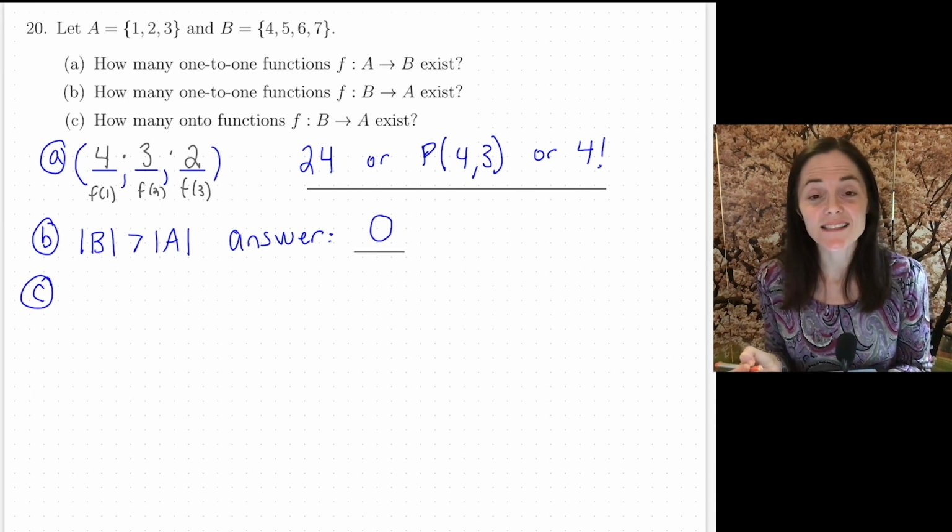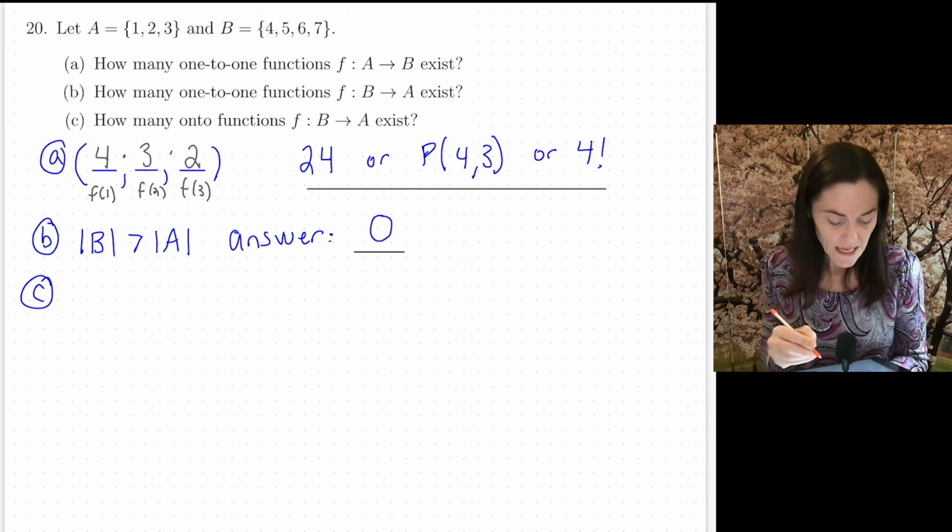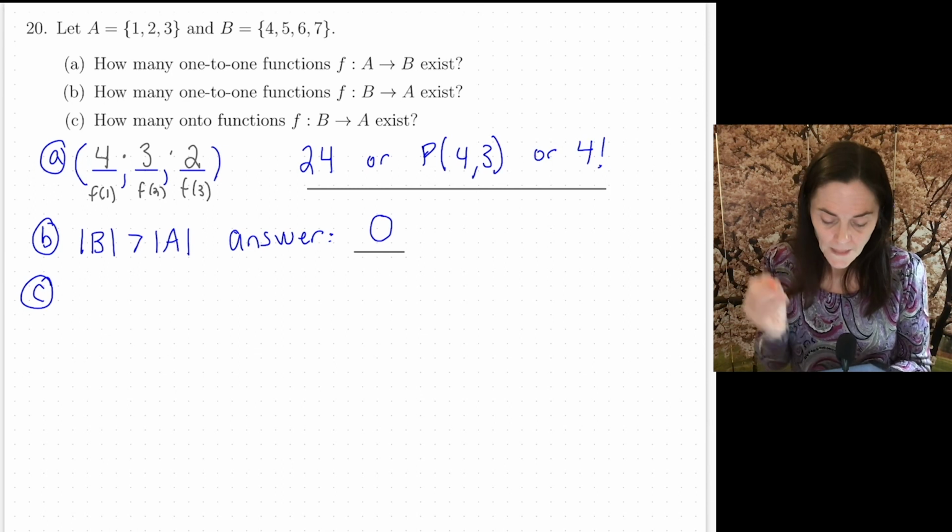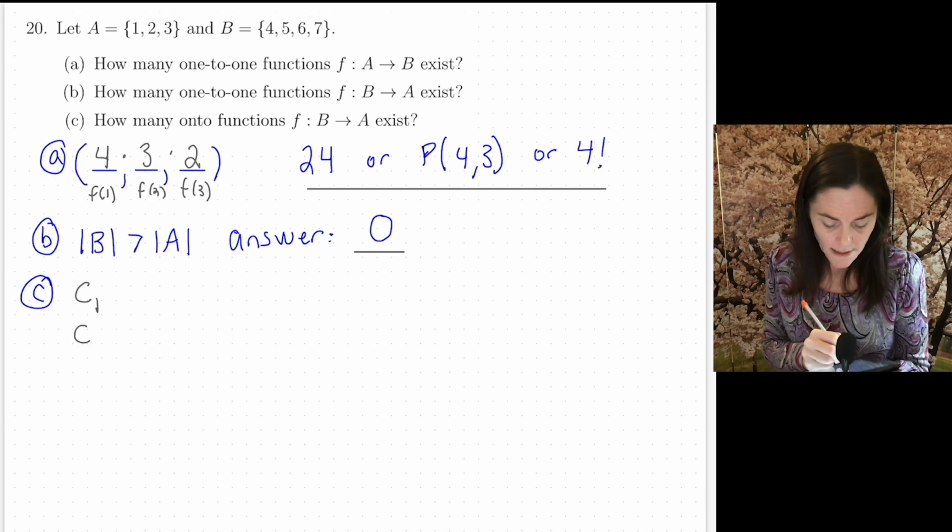Onto functions. Let's remember how we did this. This was inclusion-exclusion. Let me define some sets here. We can say C1, C2, and C3.